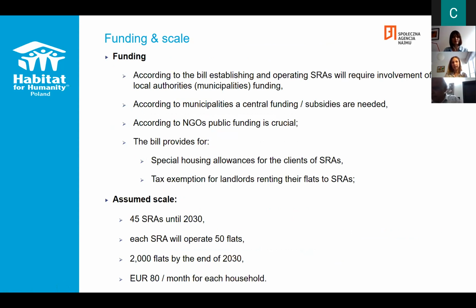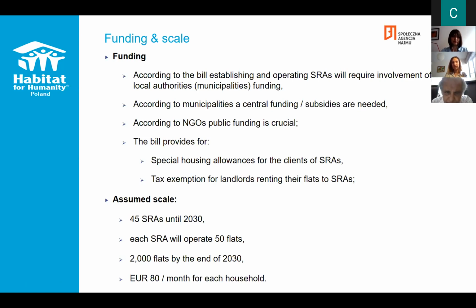And in doing that, it is also referring to some good examples from other European countries. For example, in Belgium, in the UK, or in France, there are social rental agencies operating for many years now, and those are really important models and solutions on that market.